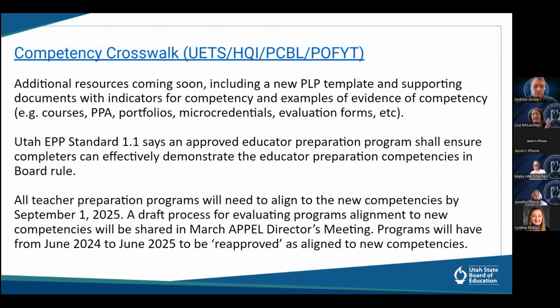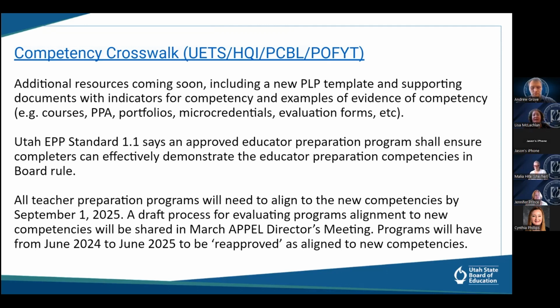One of the competencies is attending an IEP meeting. That's pretty self-explanatory, but some of them, like establishing a positive classroom environment, might need some more indicators. So that will help as you're looking through these competencies and trying to decide how you're going to help candidates demonstrate competency.